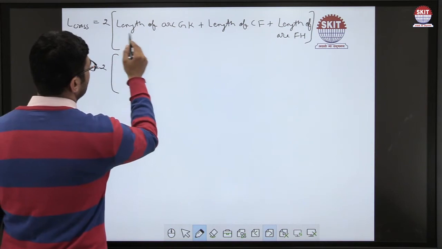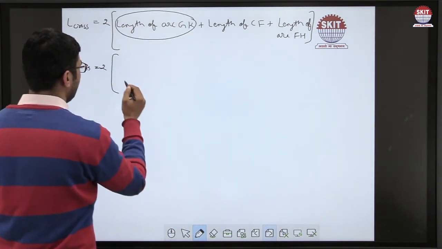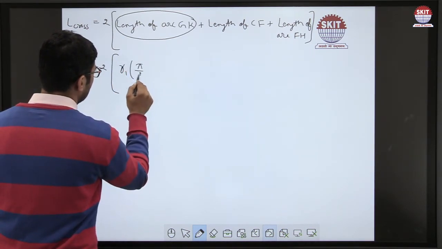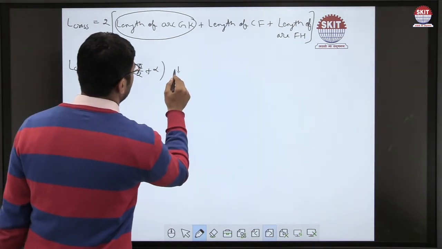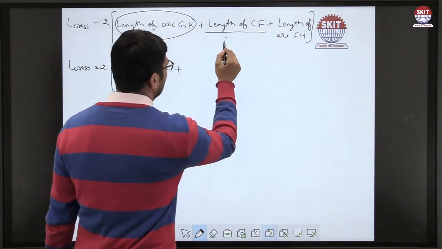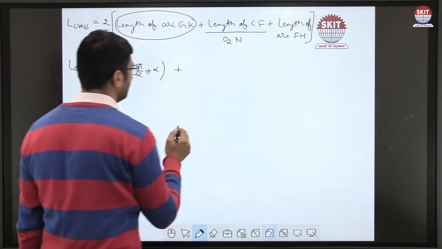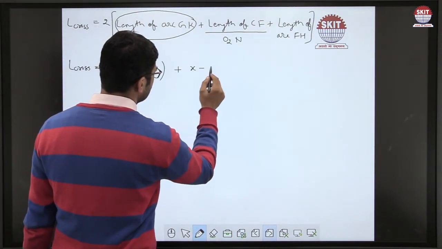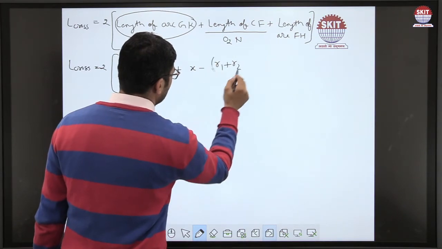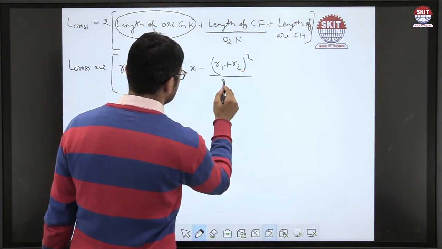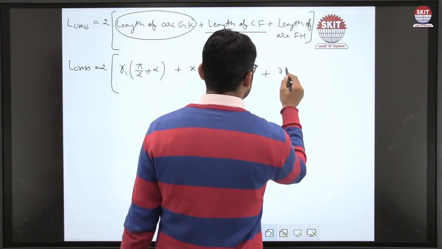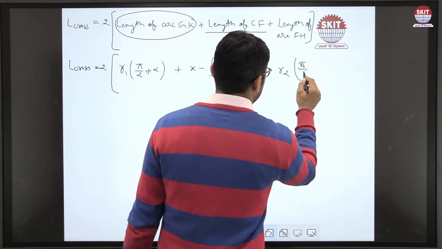The value of the length of arc GK is R1 (pi by 2 plus alpha), and the length of CF is equal to O2N, which we found to be x minus (R1 plus R2) whole square upon 2x, and the length of arc FH is R2 (pi by 2 plus alpha).